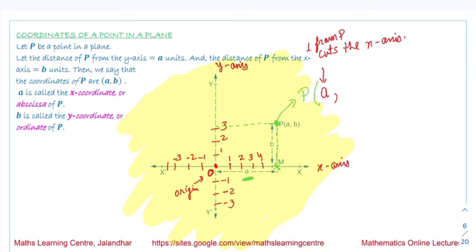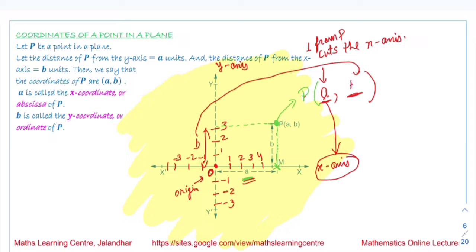This is fixed. You cannot change it. We say the point P is given, we draw a perpendicular on the x-axis, and it cuts the x-axis at a distance a. It is an ordered pair, meaning there are two terms here. The first term is where it cuts the x-axis, and suppose on the y-axis it cuts at a distance of b. Then the second coordinate will represent this point B over here.